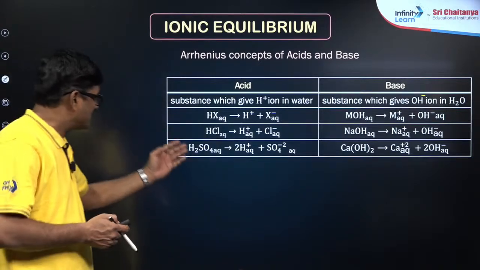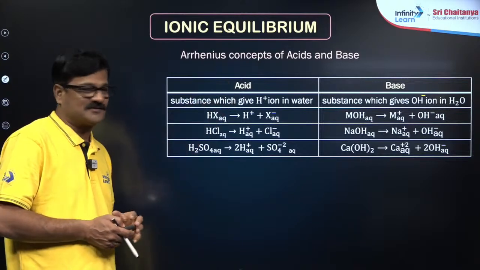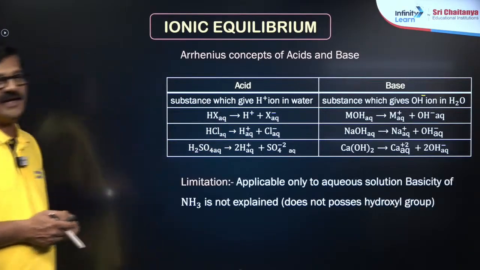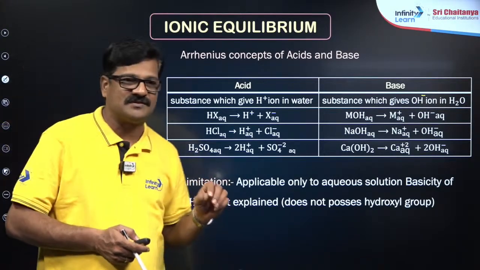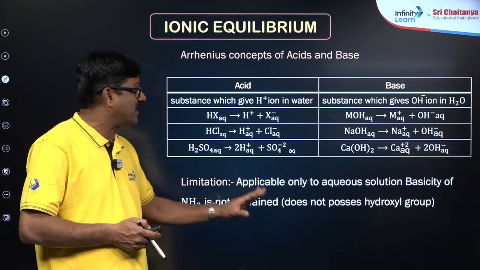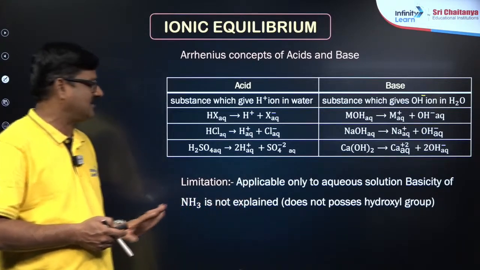And H2SO4 gives 2H plus, calcium hydroxide gives 2OH minus. So they are only applicable in the case of aqueous medium. You can say applicable only to the aqueous solution, and the basicity of NH3 is not explained. That is a defect and the limitation of Arrhenius theory.